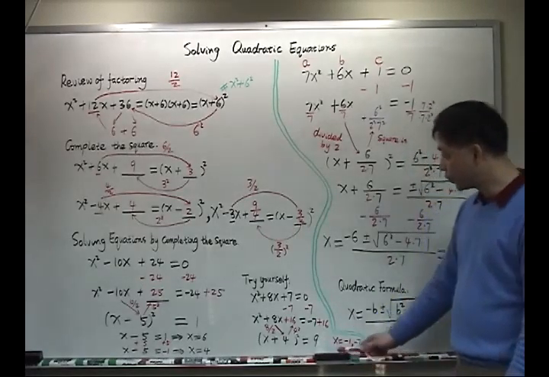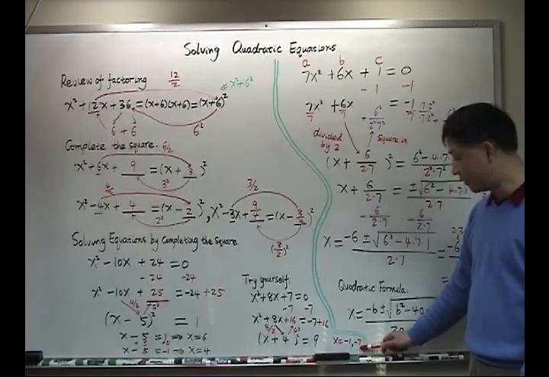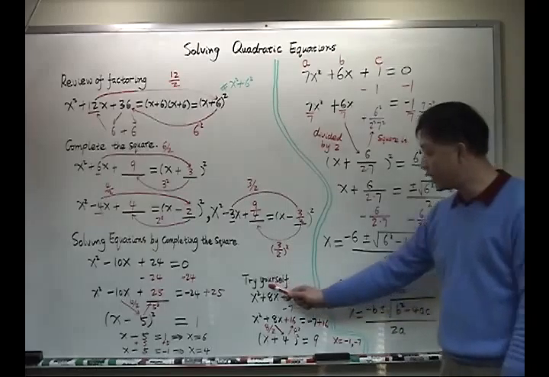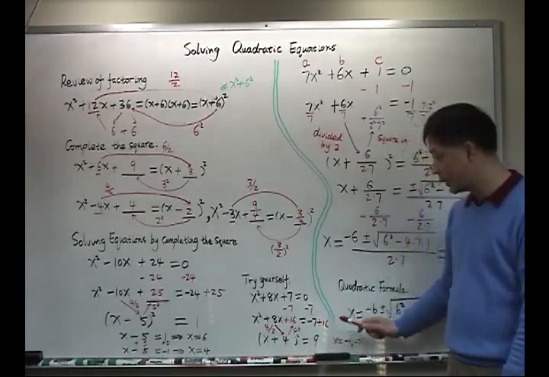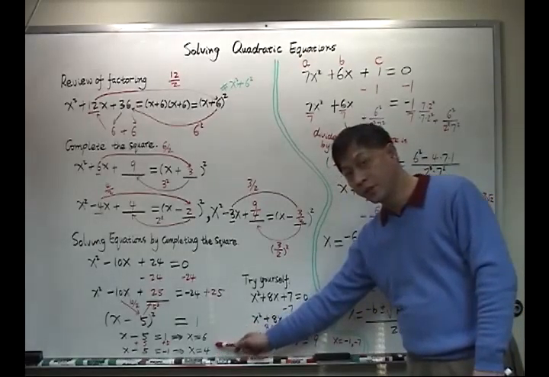The final solution for this one is x equals negative 1 and x equals negative 7. There are two solutions right here. Try this one yourself. There are some middle steps, like here, you need to finish up.